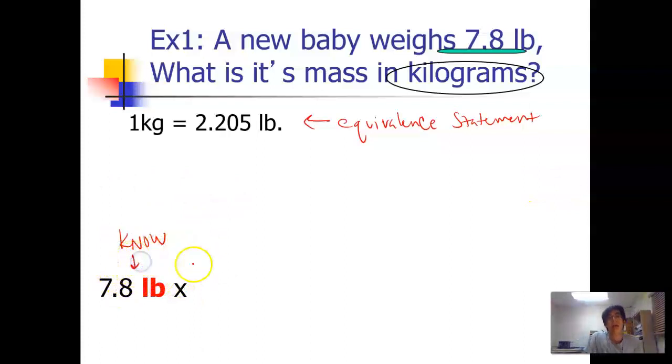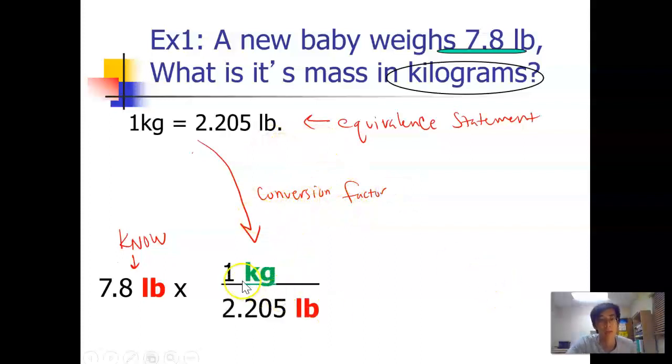Okay? And now I'm going to multiply it times my equivalent statement converted to a conversion factor. So that is when I write the equivalence factor as a ratio. I write the units I want to cancel out on the bottom right here. So I want to convert from pounds to kilograms.